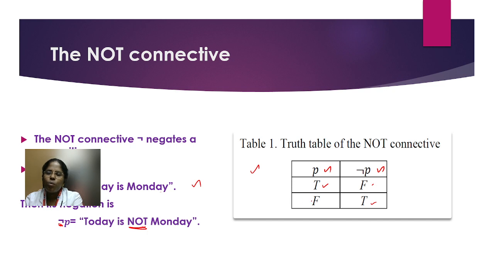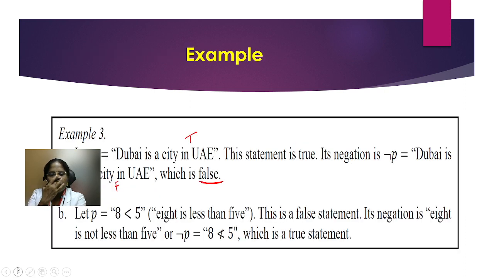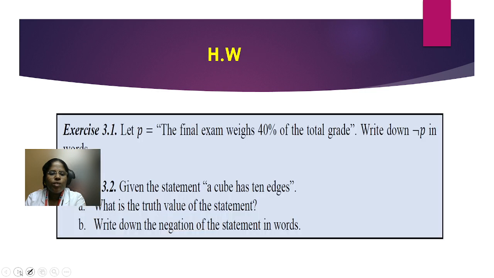If your proposition is a false statement, the negation will give you a true statement. Another example, 8 is less than 5 is a false statement. If you take the negation, you will get 8 is not less than 5, which is a true statement. So that's all about the not connective.